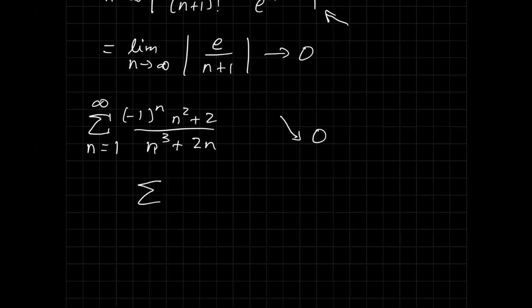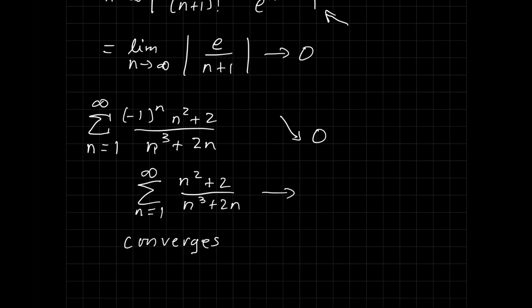So I know it converges. But what if I took away the negative 1 to the n? That is, what if I found the absolute value of the terms? Would this still converge?